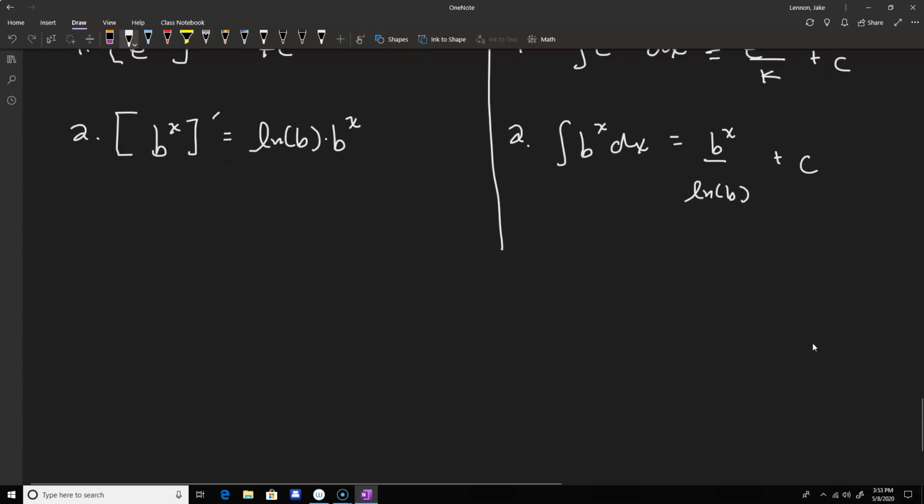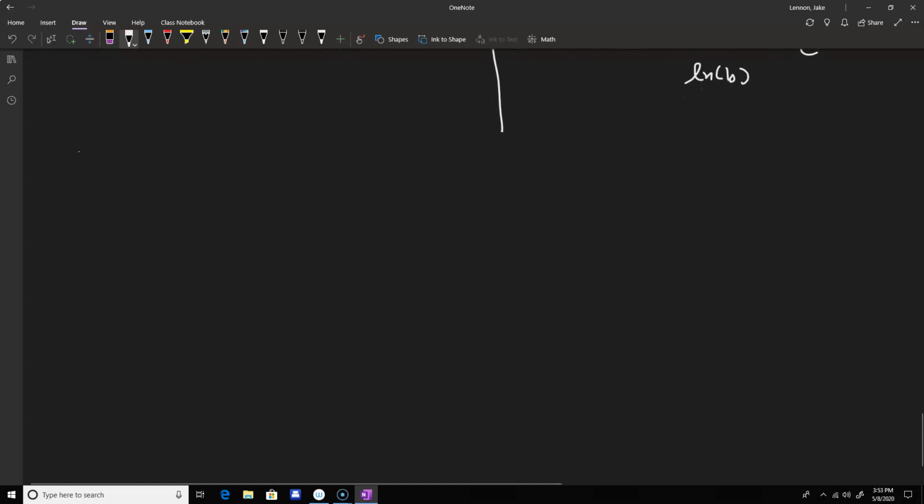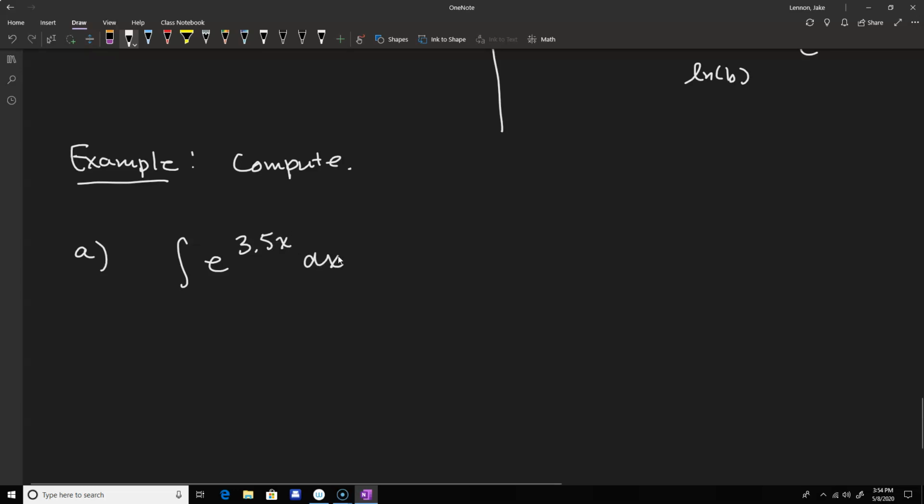So we could look at a couple of examples of finding these antiderivatives. So let's just say compute. So let's say A, we have something like e to the 3.5x dx.